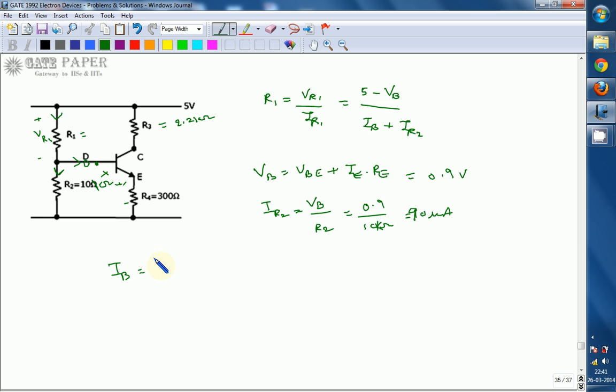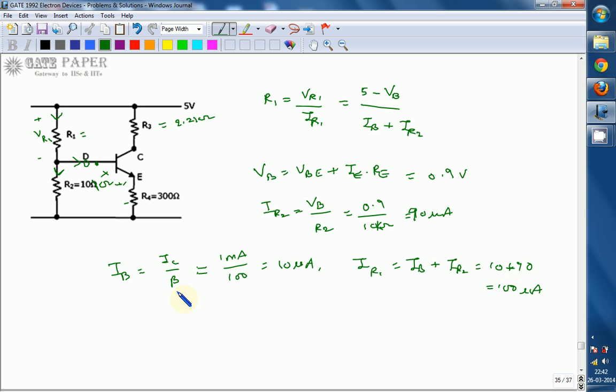IB is nothing but IC by beta. So IC is 1 milliampere divided by beta, 100, which is 10 microamperes. So IR1 is equal to IB plus IR2, which is 10 plus 90, equal to 100 microamperes.